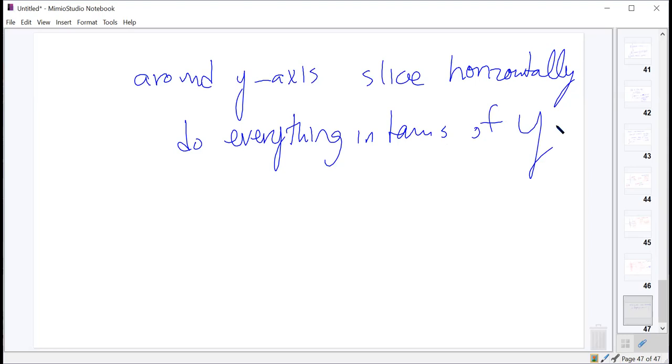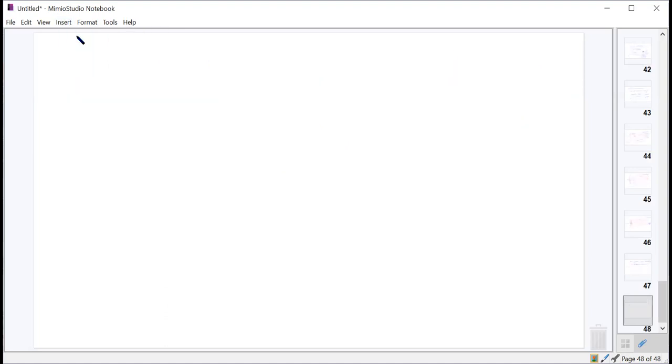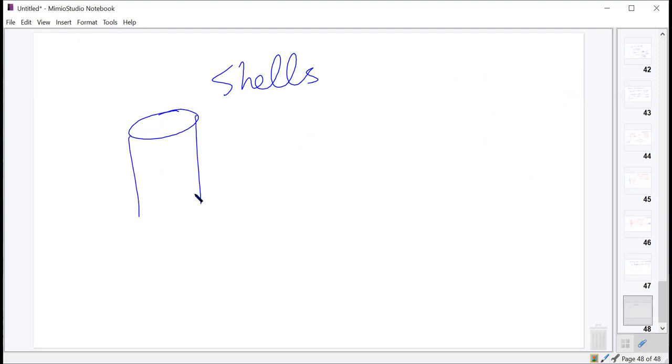Then the other option for finding the volume, which is not required on the AP test, is doing shells. And sometimes shells might make your life a little easier because you might not have to convert to a different variable. But just note that your shells are hollow, cylindrical shells, like a toilet paper roll or something, that have a thickness that is perpendicular to the circular way.